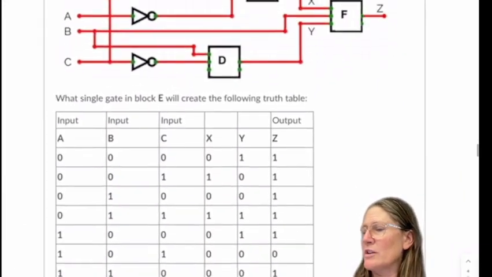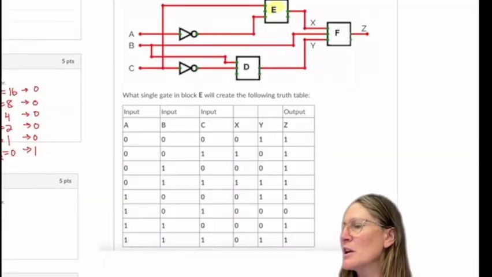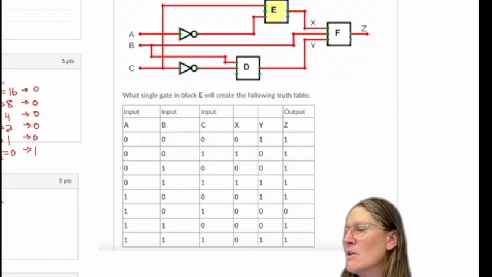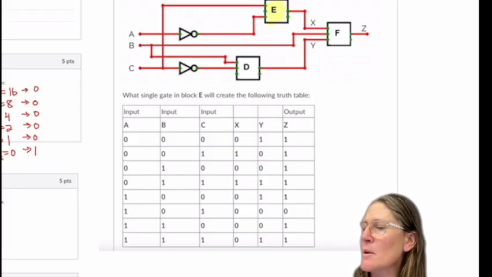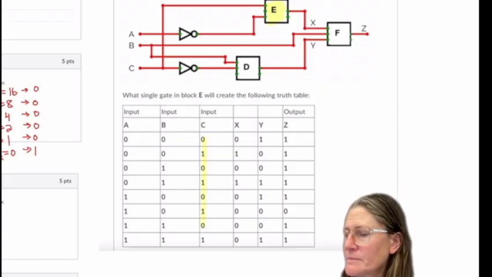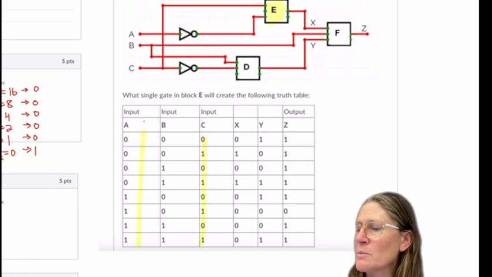All right, what single block will give you X? So that's going to be C input, and then an A bar right here. So I do want to make sure that I write that so I don't make an error.